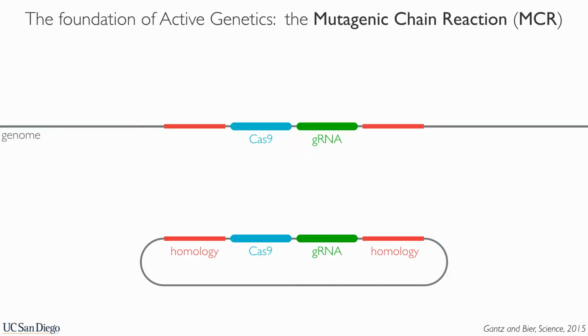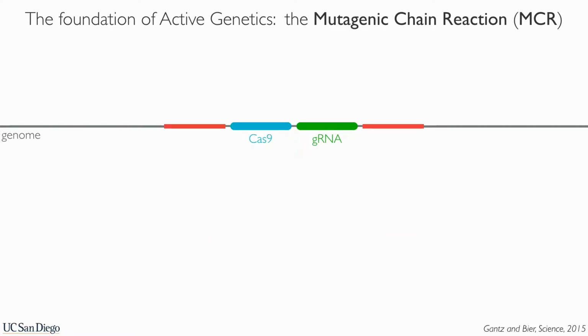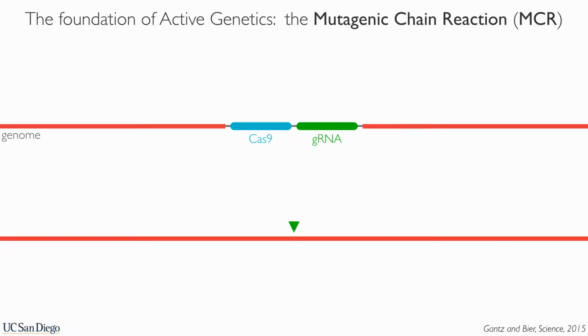The beauty of this is not what happens at the first step, but at the second step, on the second chromosome of the cell. The cell has two chromosomes, and once this construct is inserted at a specific location, the same exact process happens in an autocatalytic manner, and the same mutation gets transferred onto the other chromosome.